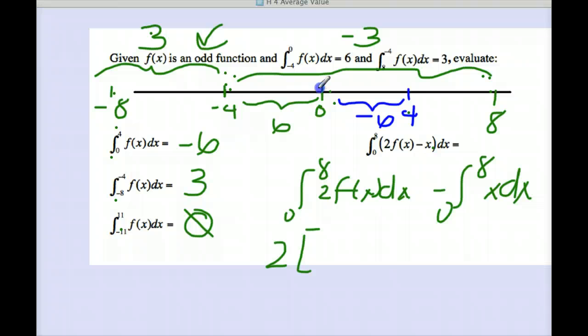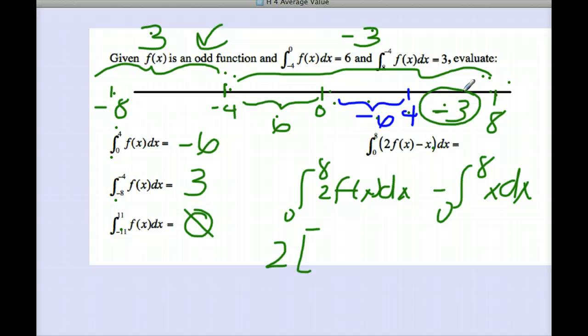if I'm looking from 0 to 8, I notice that I have this piece as -6 and this piece as +6. So the last leg that's missing from this entire piece is a -3, because -4 to 8, the entire sum has to be -3. If this 6 cancels that -6, that means this leftover needs to be my -3.